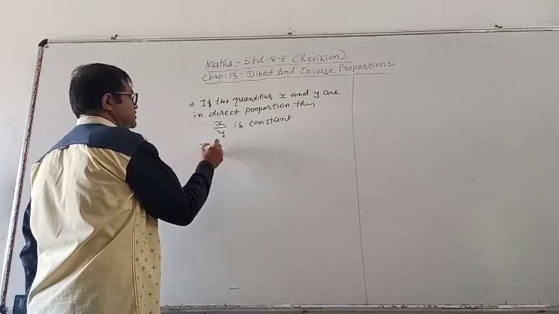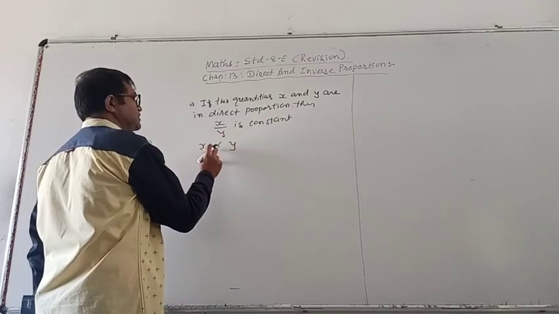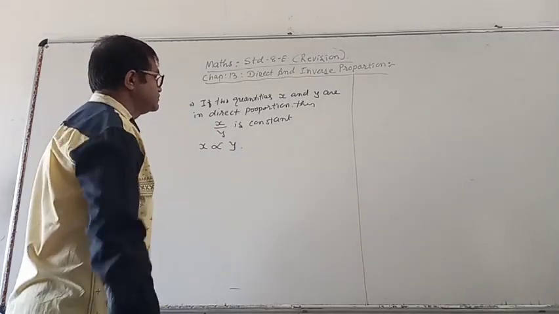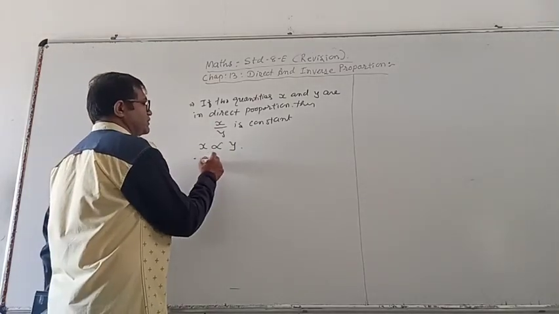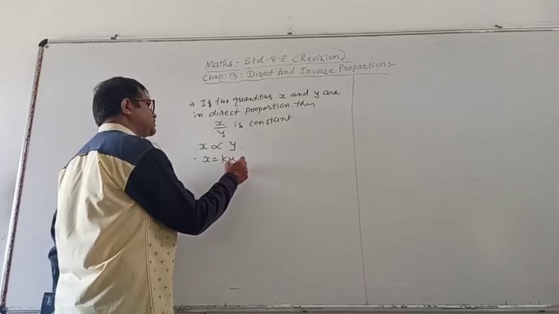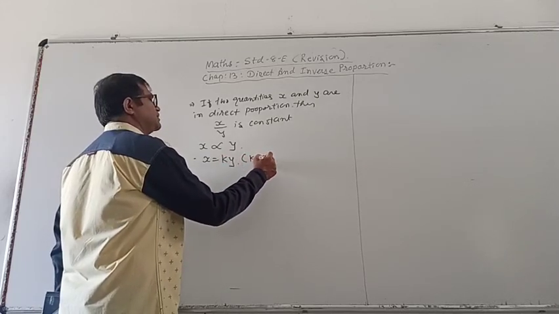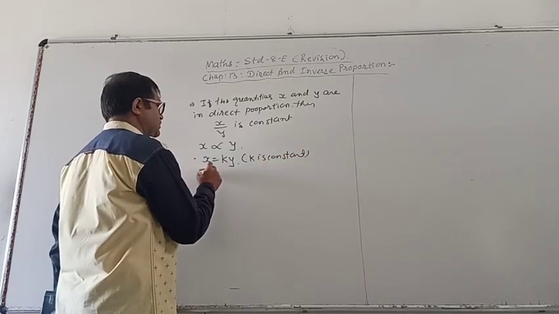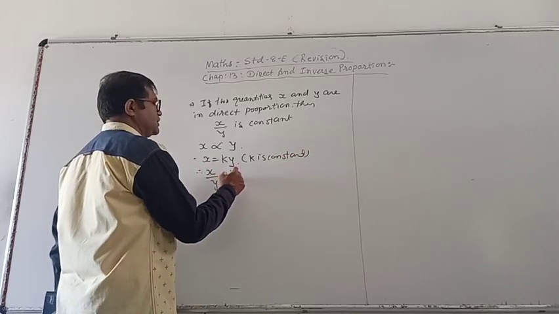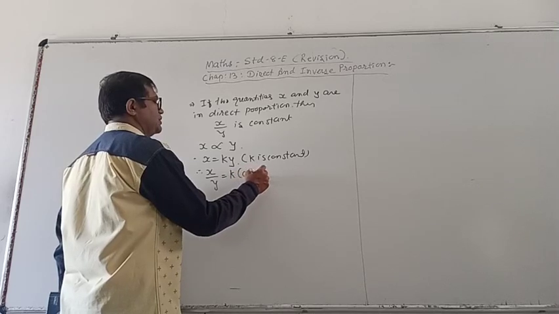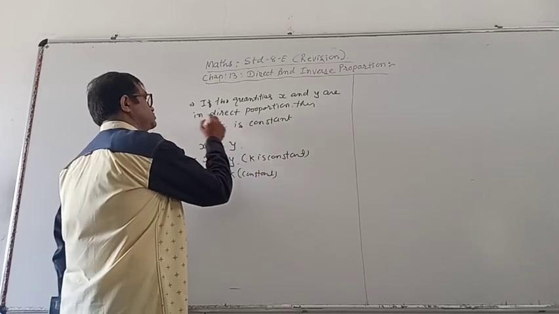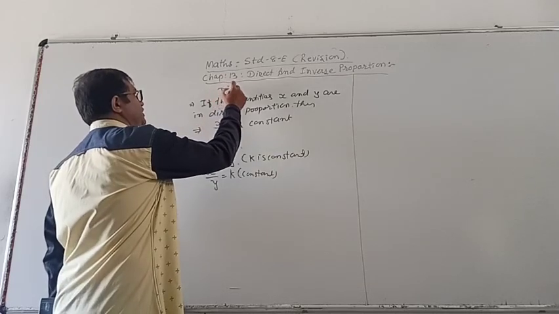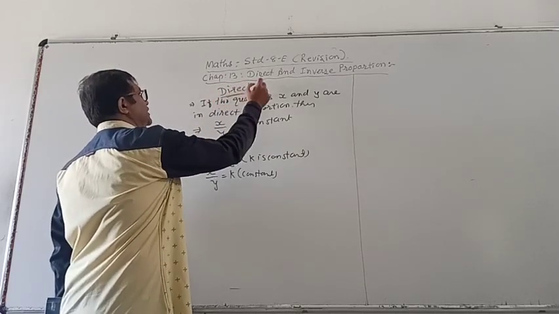We also denote that as x is directly proportional to y. And therefore, we can write x is equal to ky, where k is a constant. And so, we write x upon y is equal to k, the constant. So when it is a direct proportion, we have to do it like that.